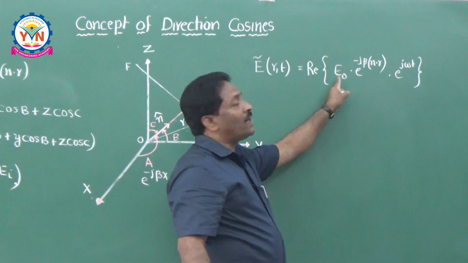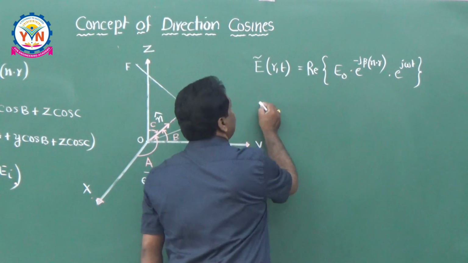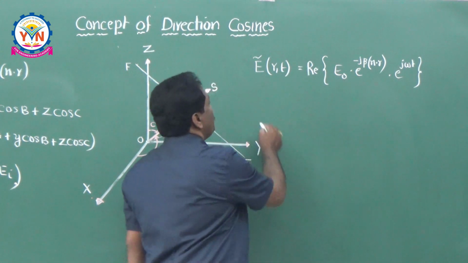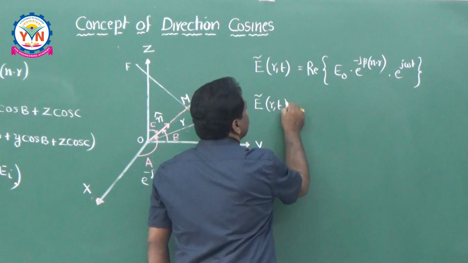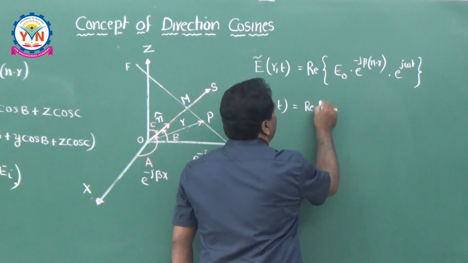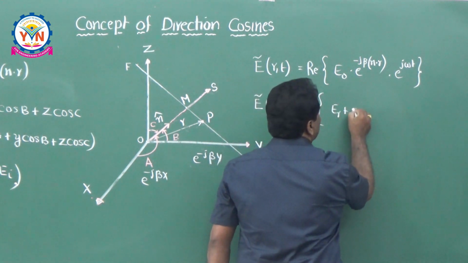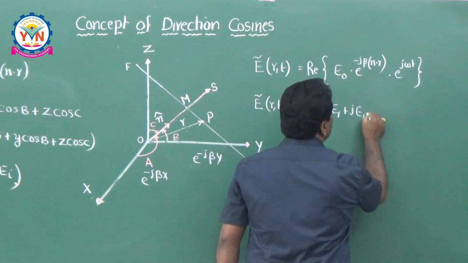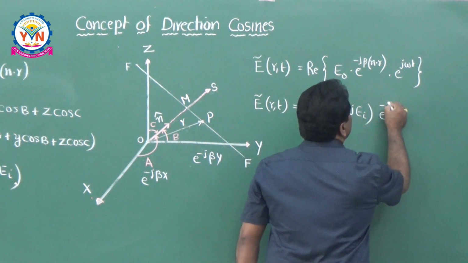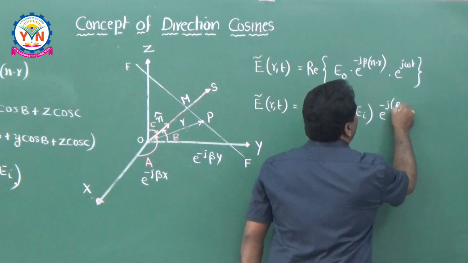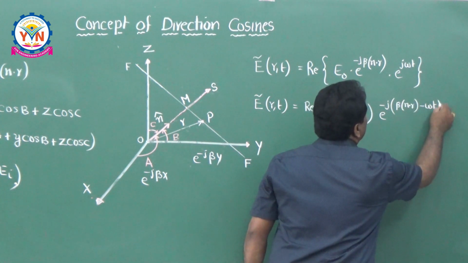But this E naught is not only a real number, it has both real as well as imaginary parts. So E dash of r comma t is equal to, take the real part of it. What is this E naught? E naught means real part plus j times imaginary part into e to the power of minus j into beta n dot r minus omega t.